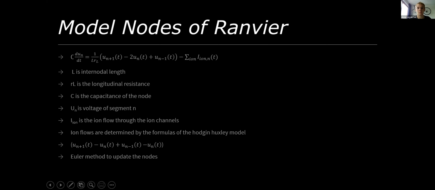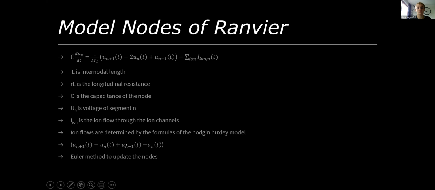Times this term. This term gets more logical if you look at it like this. We see it's the voltage of the next node minus the voltage of the current node, plus the voltage of the previous node minus the voltage of the current node. And this is very logical, because if the voltage of the next node is higher than the current node, then current from the next node flows to the current node.